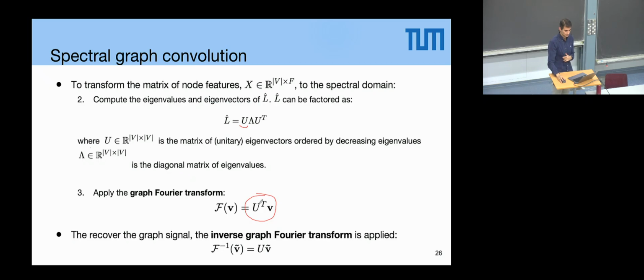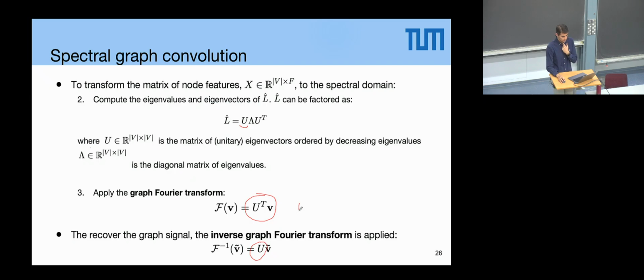Remember, here we had the eigenvectors in the columns, which in the transpose are in the rows, and we just do the multiplication. It's like projecting our graph signal into another system of coordinates. And if we want to compute the inverse, we just multiply with the untransposed matrix.